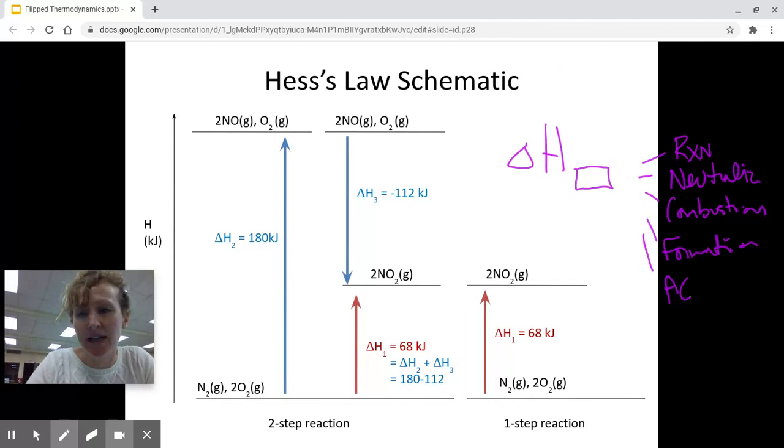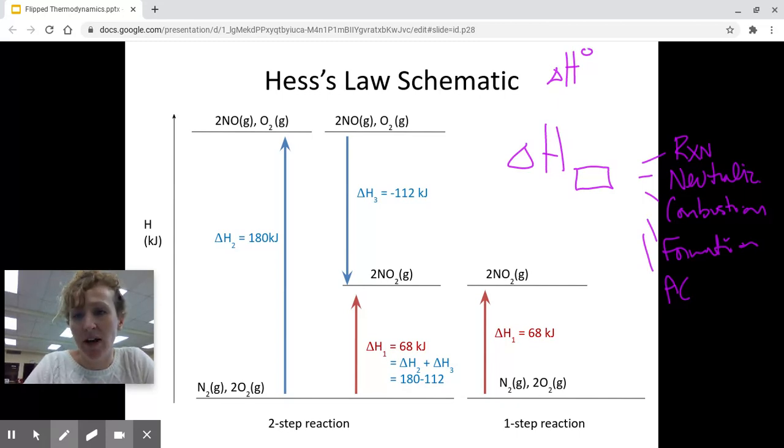So if you see a delta H naught in that table, remember that the naught specifies certain conditions like standard conditions, STP, standard temperature and pressure. And then you have the subscript.